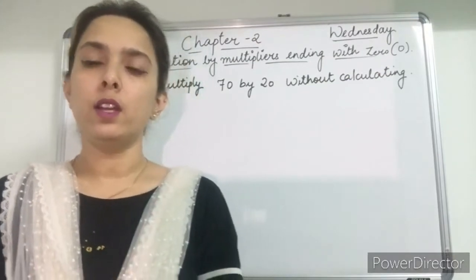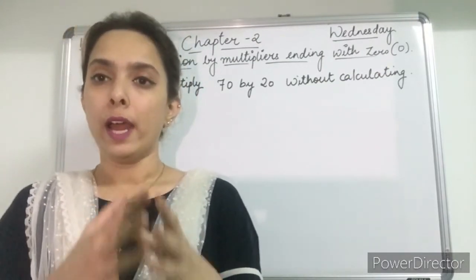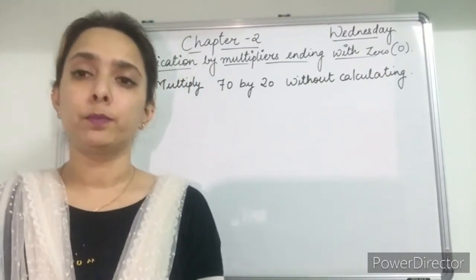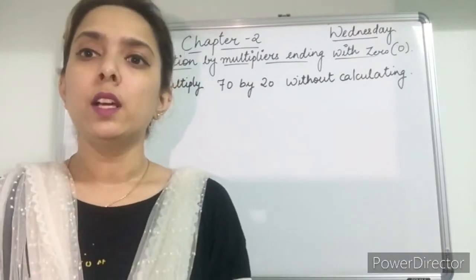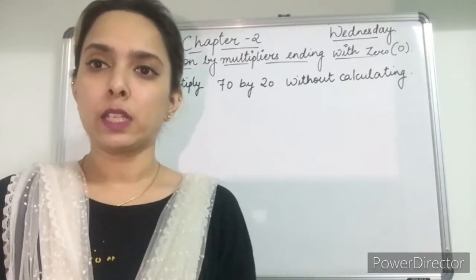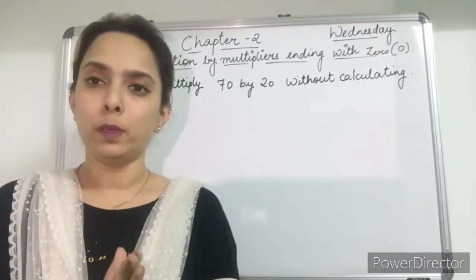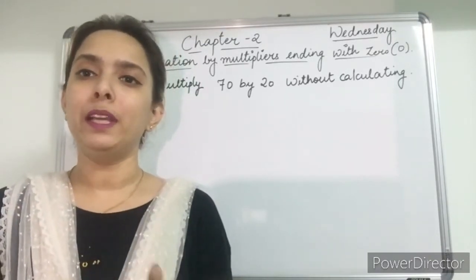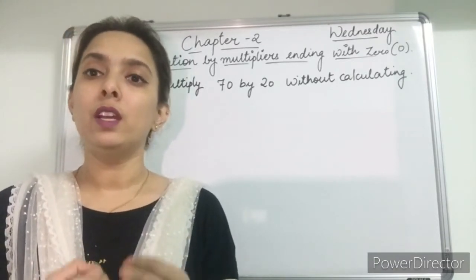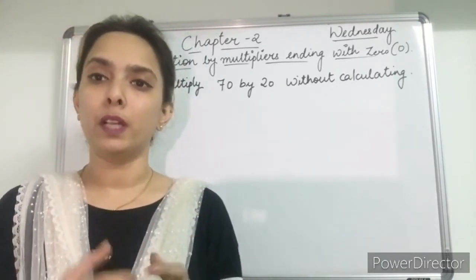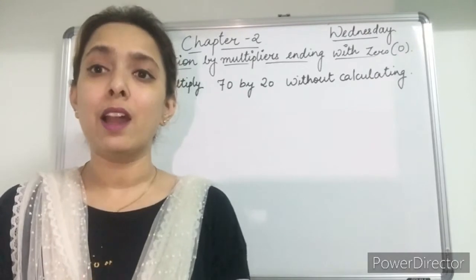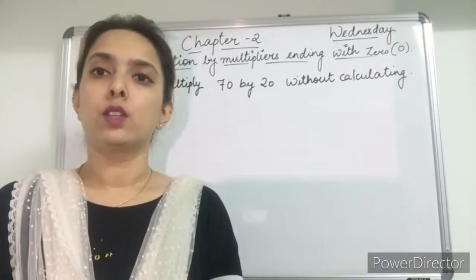Here we will learn, when the multipliers have zeros in them, how we are going to multiply the two numbers without the complete calculation. We will learn the direct method of multiplying two numbers when there are zeros in them.